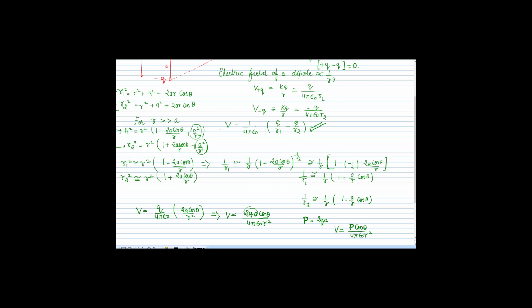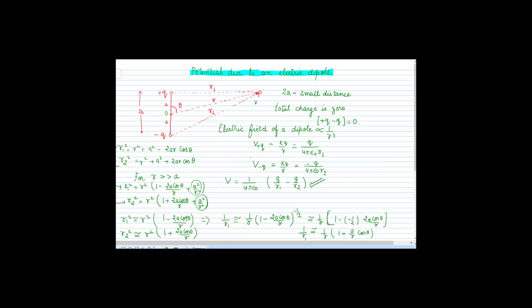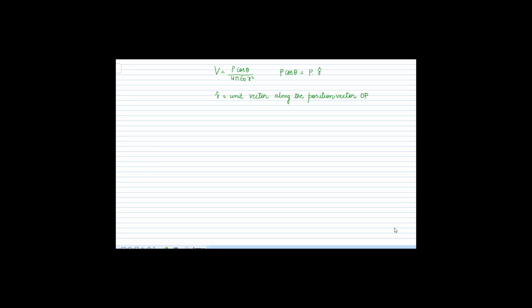So here in this equation we have P cos theta and the direction is r cap. If we have two vectors and a cos theta, then we can write this in terms of the dot product. Here O is the origin and this is point P, so OP has a value of R.